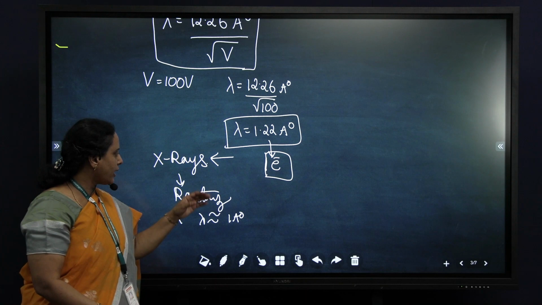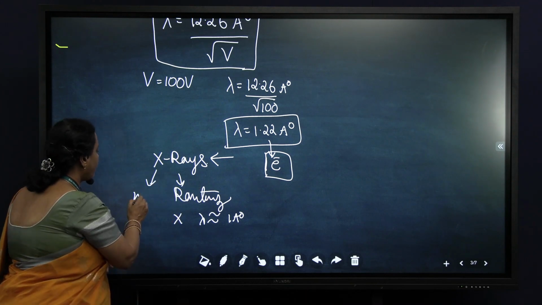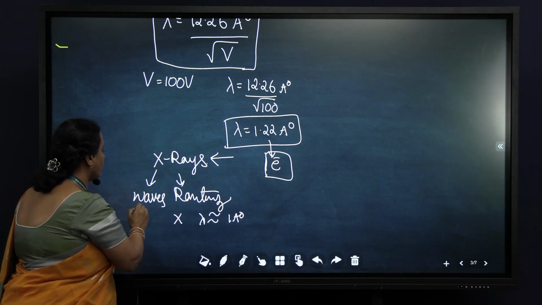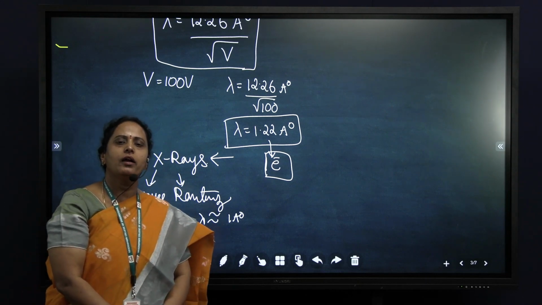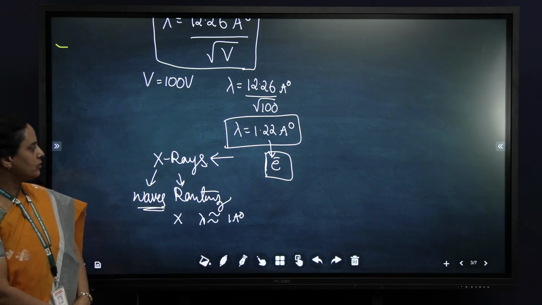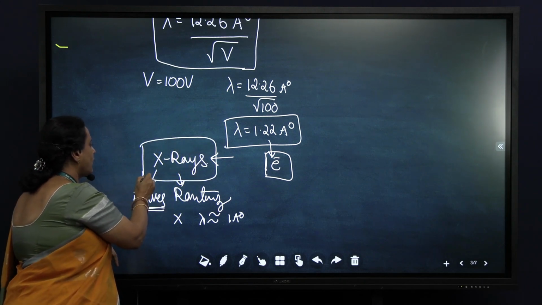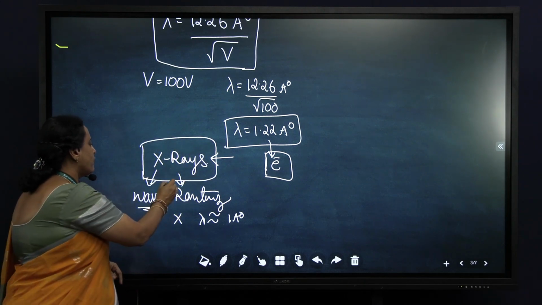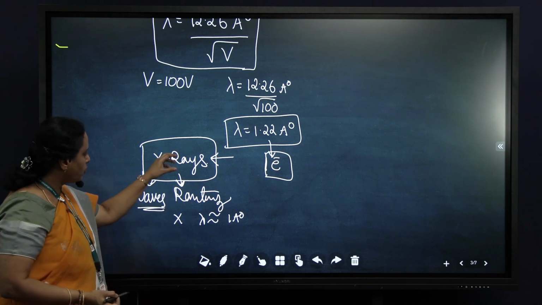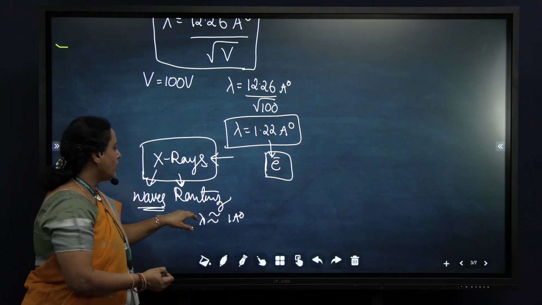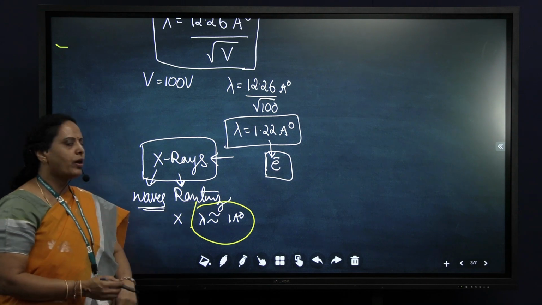And we know that X-rays are waves, and the wave nature of X-rays was also proved using light phenomena like diffraction and interference. So the wavelength of X-rays is around 1 angstrom.